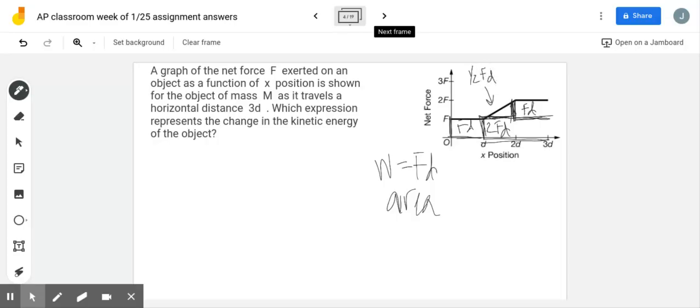All together, FD, FD, 2FD, and a half FD gives me 4.5 FD. That's the change in kinetic energy of the object, because it goes a horizontal distance, so we know its GPE doesn't change.